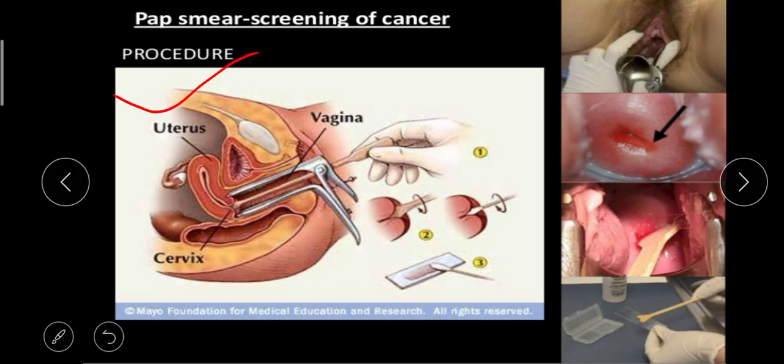Let's see the procedure of how Pap smear screening for cancer is done. You can see in this procedure the speculum is used, and with the help of a spatula they are collecting the swab from the cervix and doing the test to diagnose the things I discussed in the previous slide.